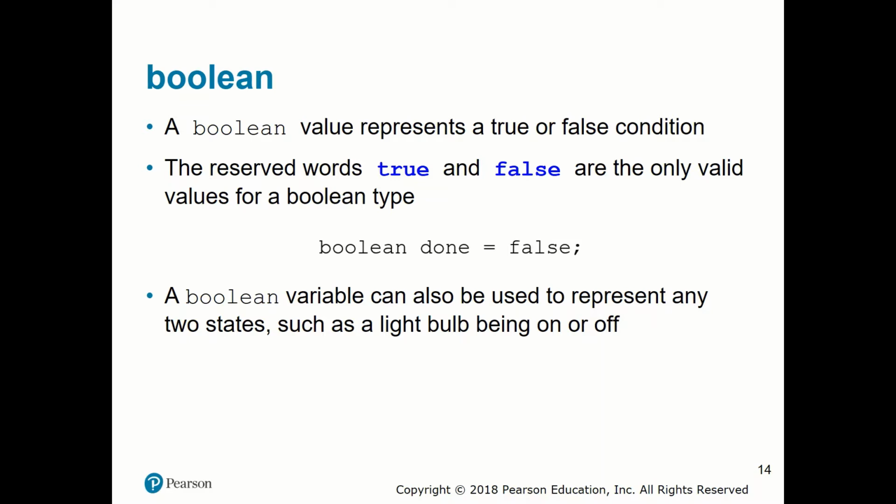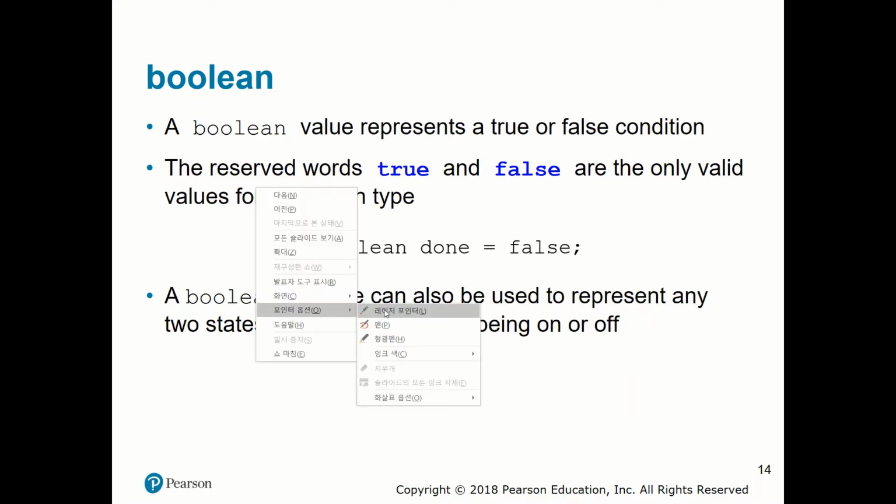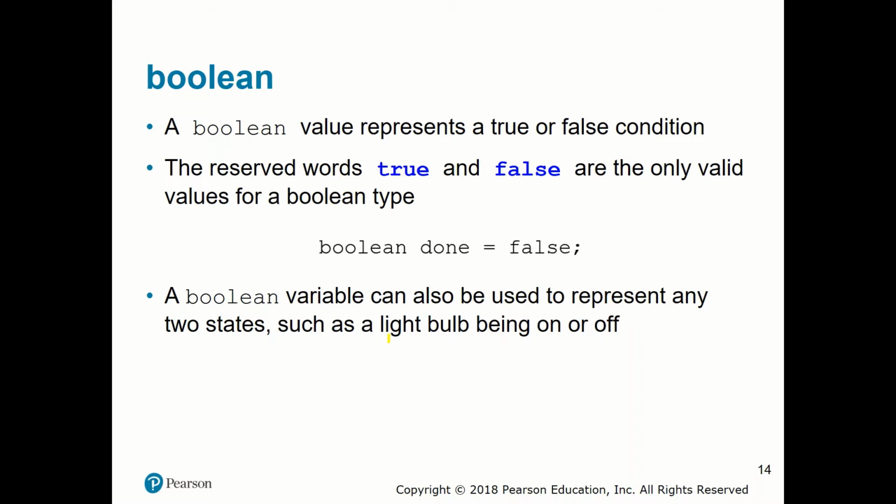Boolean is the last primitive data type we need to study. A Boolean value represents a true or false condition. The reserved words true and false are the only valid values for a Boolean type. So we can declare a Boolean data type like this.